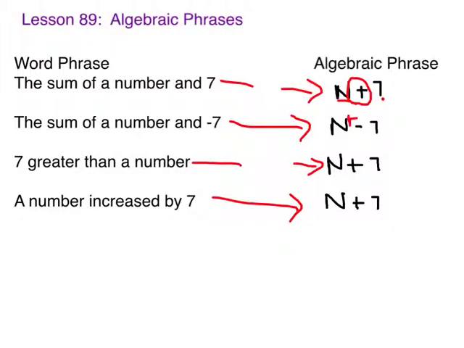So it's the same thing as n minus 7. 7 greater than a number would also look like this, because I'd have to increase that number by 7. And then here, a number increased by 7. An increase is added.